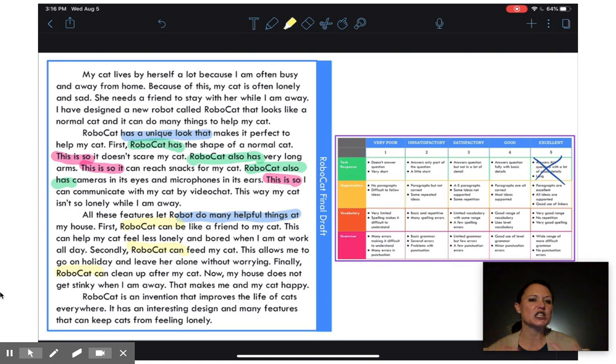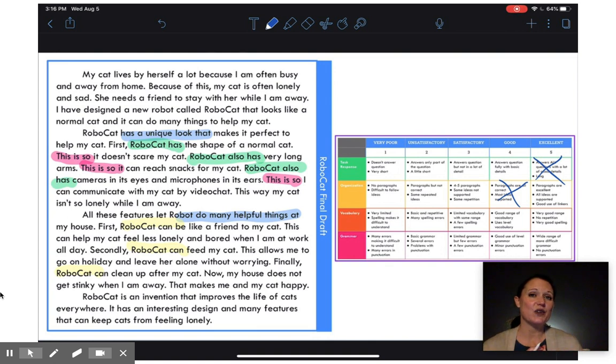You see, it's a little repetitive with my sentence structures. So I think for organization, this RoboCat essay is maybe a 4, maybe 5, but it could be better for organization.